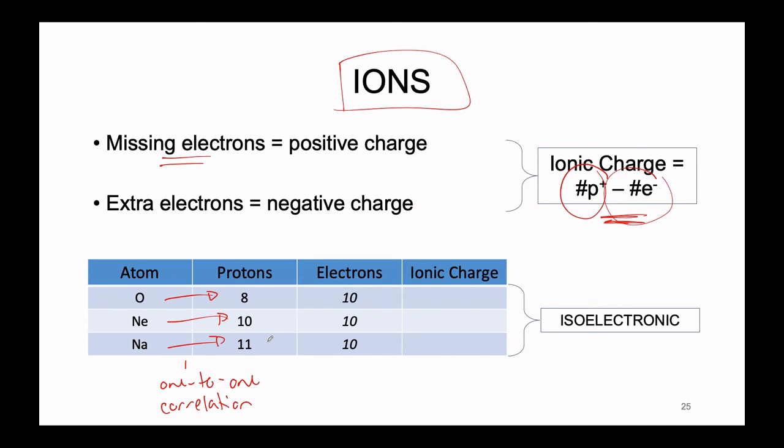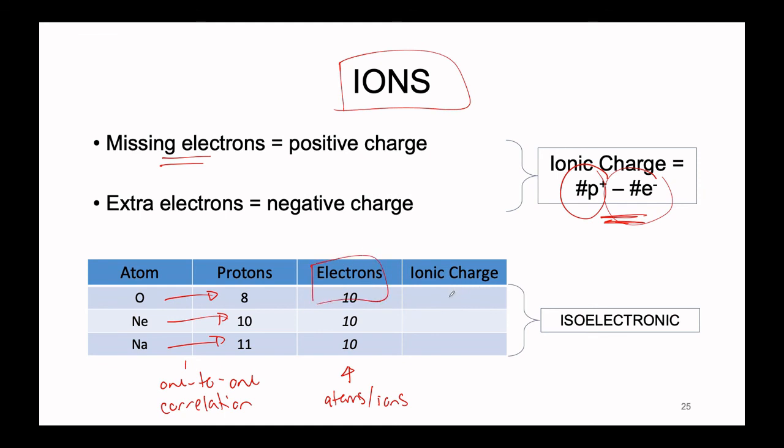And let's say we are, again, not working with something that is charge neutral. Let's say each of these potential atoms/ions has 10 electrons. Well, in order to calculate the ionic charge, all we need to do is look at the discrepancy of the number of protons versus number of electrons. In a neutral oxygen atom, we have 8 protons, and in theory we should have 8 electrons, but in this actual example we can see that we have 10.